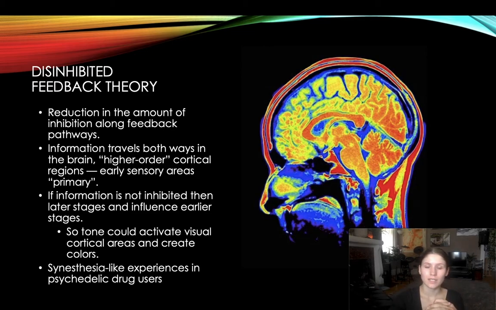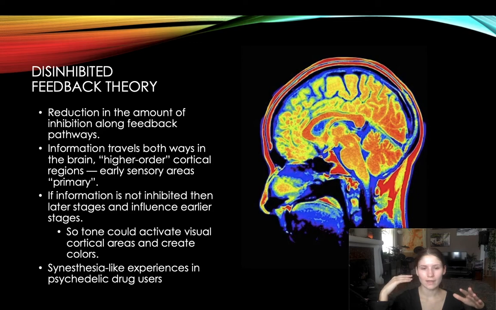This theory says that the reduction in the amount of inhibition along the feedback pathways is what causes the synesthesia. So, how the brain works is that you have these early sensory areas, but then you have these higher-order cortical areas of sensory experience.